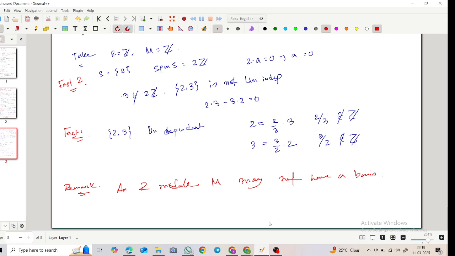Can you kindly explain why an R module M may not have a basis? You can't divide in R. I just showed you. Your question is that Z has a basis, right? By 1. So Z has a basis. So you want an example of an R module where it doesn't have a basis, right?